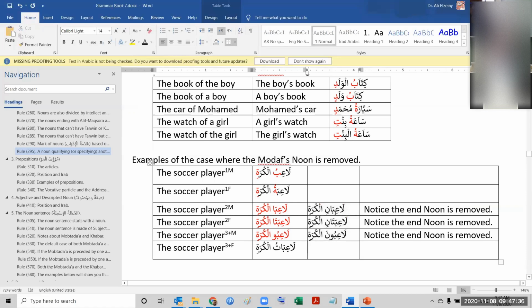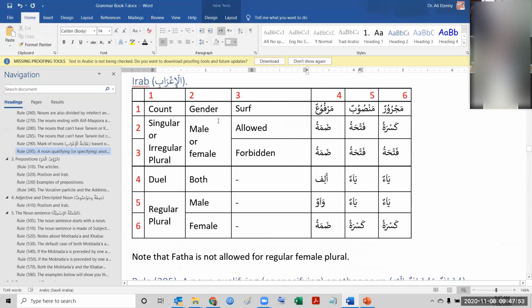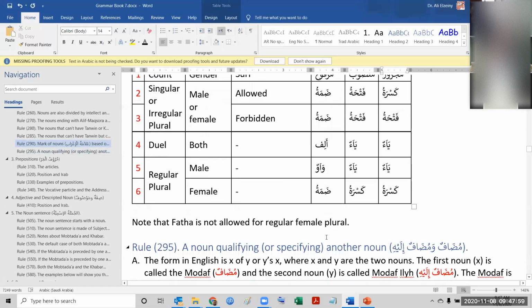So dual must end with alif noon or ya noon. But because it's the default marfu', then it's marfu' for dual. We go up here, it says for dual, marfu' is alif. Mansob and majrur are ya.